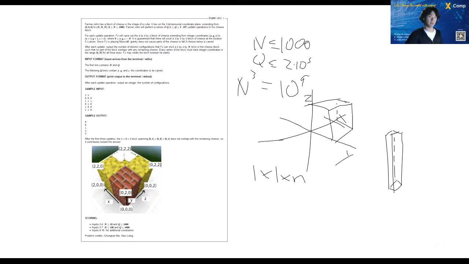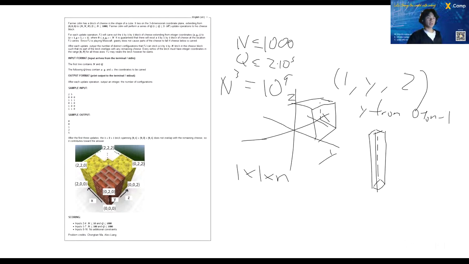So a block in the y direction would be, for example, 1, y, 2 or something like that, and y will go from 0 to n minus 1. And similarly, a block in the x direction is going to be x, with y and z fixed.